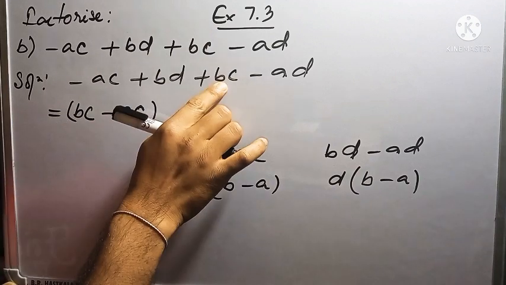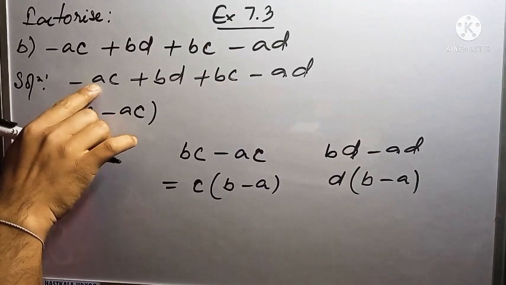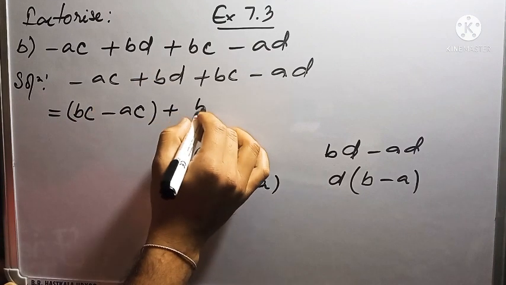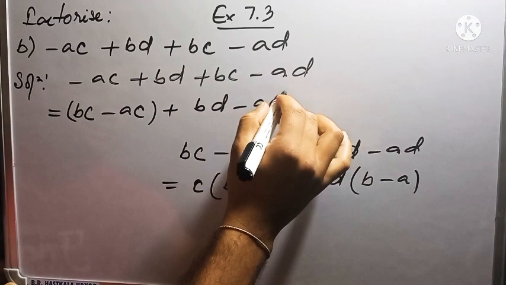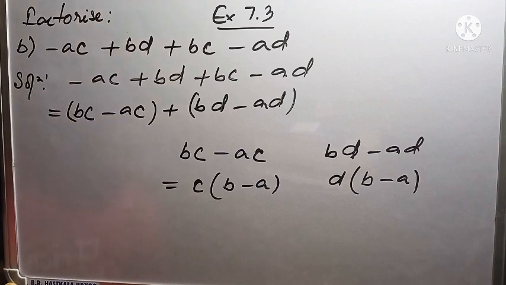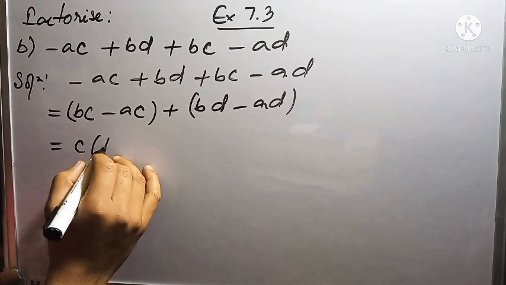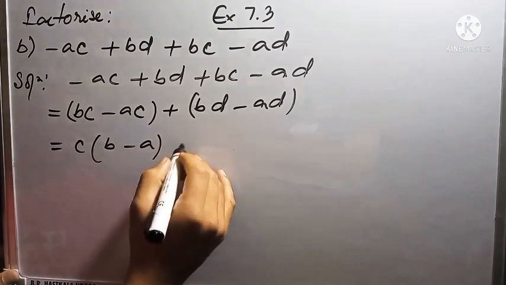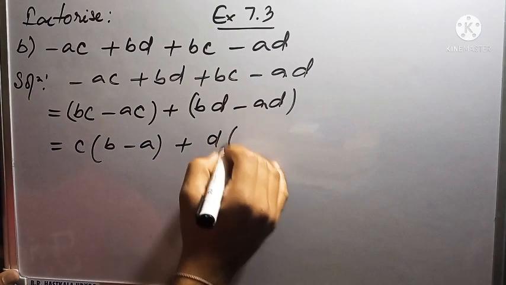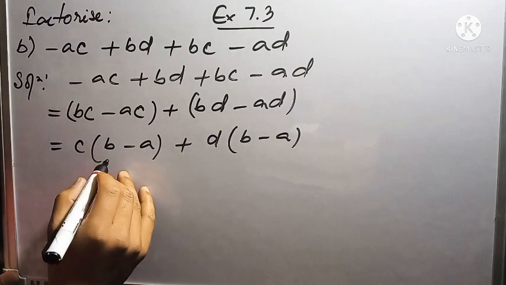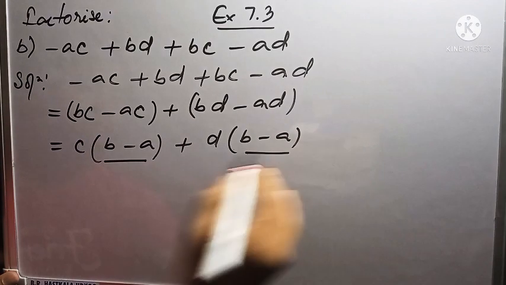Third one I have brought to the first. Then the first one I'm writing here. Then remaining here plus, then BD minus AD. So we have now, I'll take here C common, then here B minus A, then plus, then here D, then B minus A. Okay, now we have seen the common factor B minus A, B minus A.